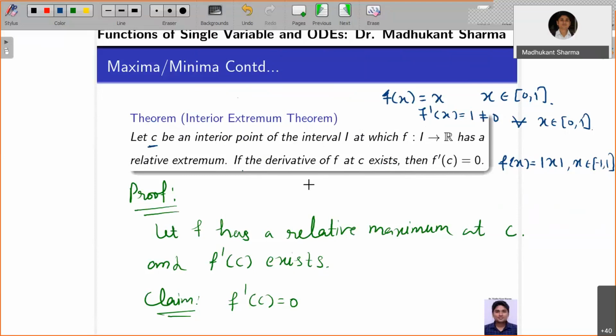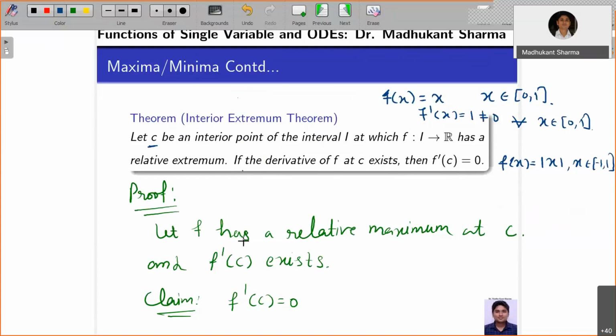Also, you locate the points where the derivative does not exist. And if you are talking about absolute maxima and minima, then you also list the values at the boundary points of the interval. Such points C are known as extremum points, or critical points in other words.